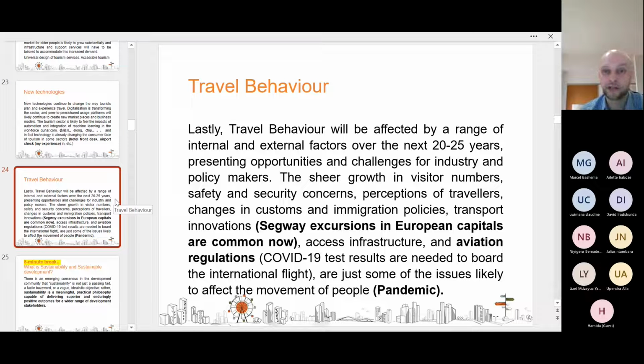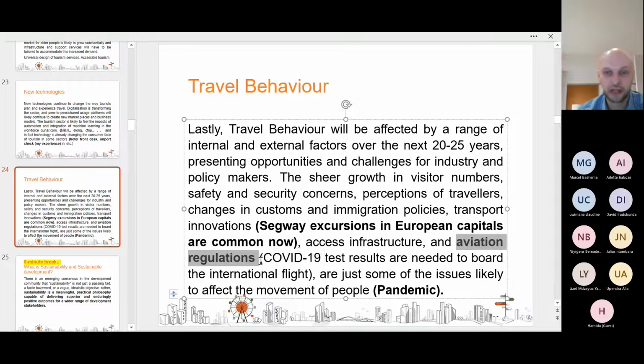The next one is travel behavior. So here is some information about the way COVID-19 impacts tourism. Let's just continue from this part.